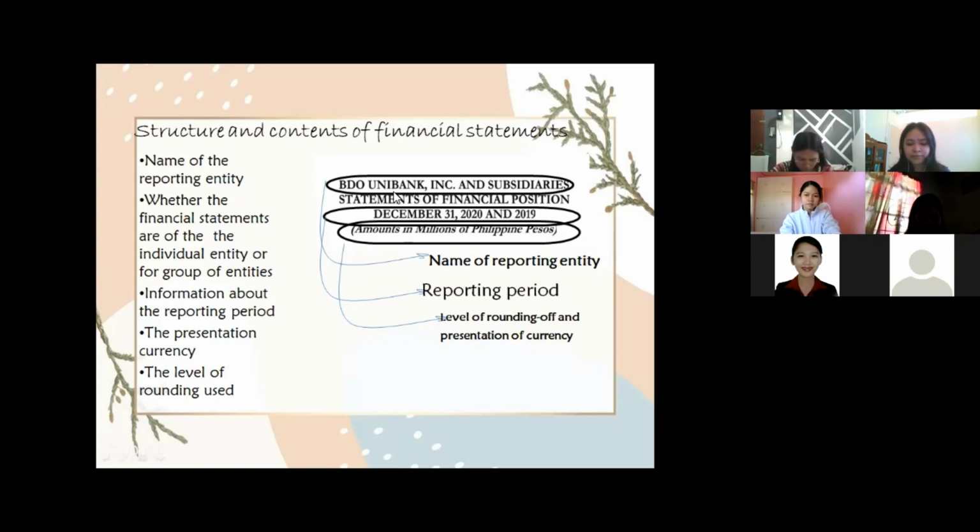So ito yung example, which is the BDO Unibank Incorporated and subsidiaries, which is siya yung name of reporting entity natin. Statement of financial position, yun yung financial statement natin. December 31, 2020 and 2019, yun yung reporting period natin. And amounts in millions of Philippine pesos, yun yung level of rounding off and presentation of currency.